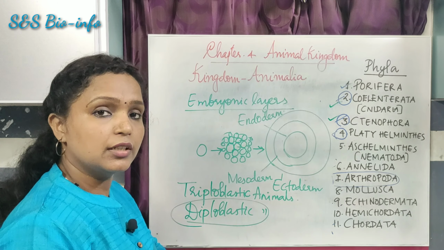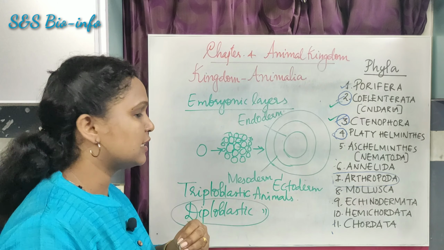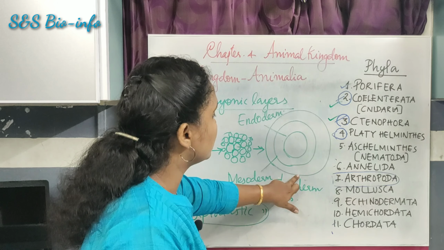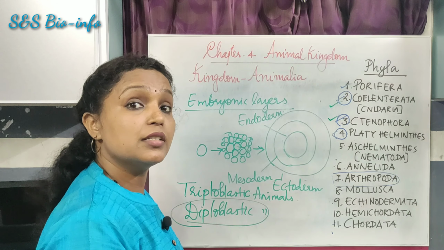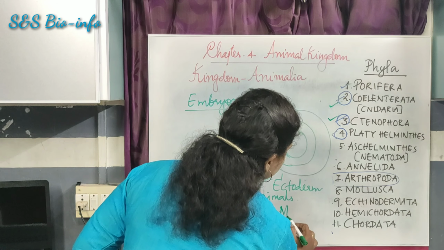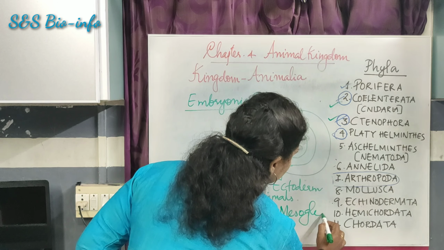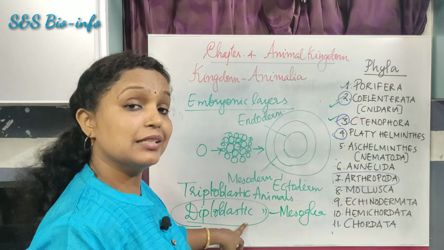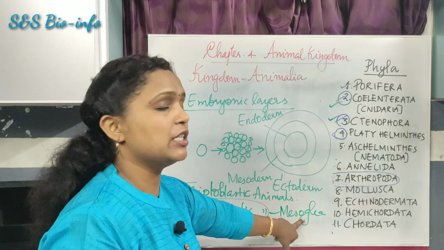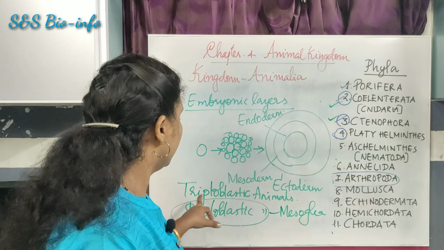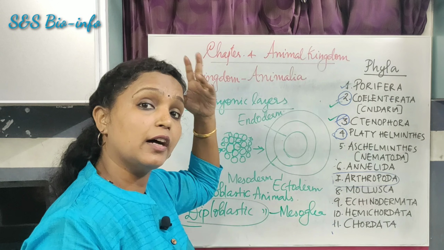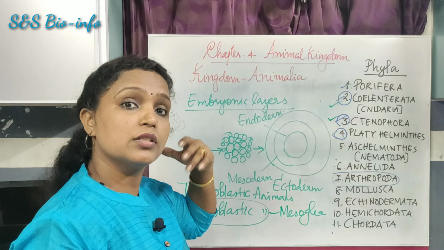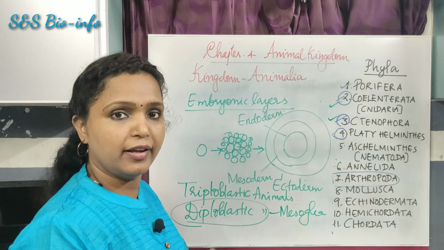Instead of mesoderm, they have a jelly-like substance in between the ectoderm and the endoderm. That is called the mesoglea. These are specialized ones, diploblastic with the mesoglea. Got it? Then the triploblastic animals are the phylum Platyhelminthes onwards. All are triploblastic in nature.